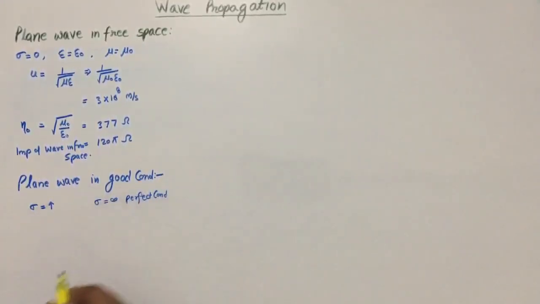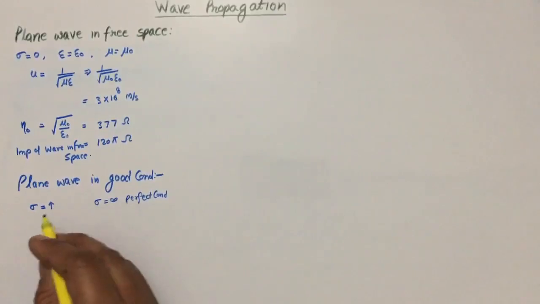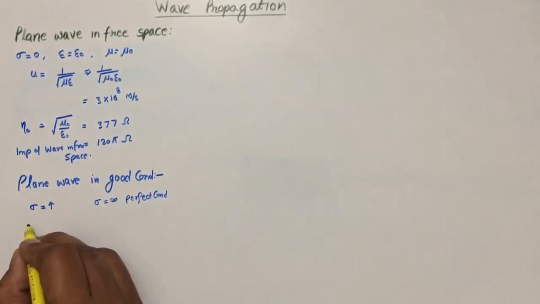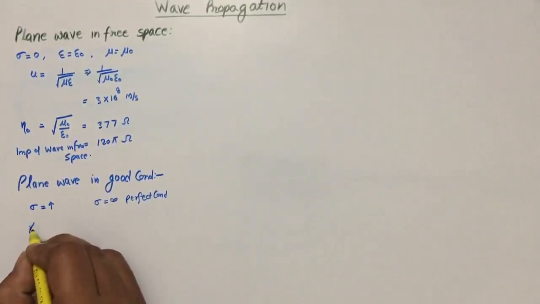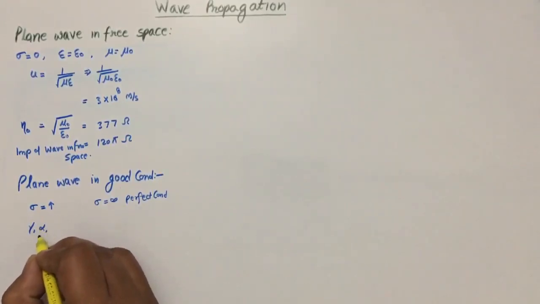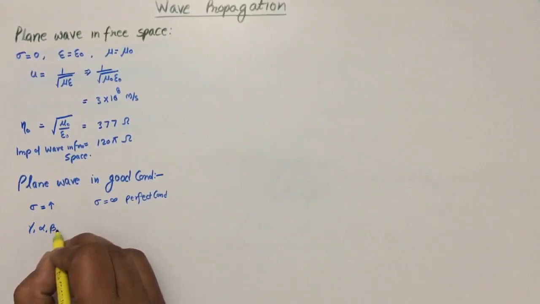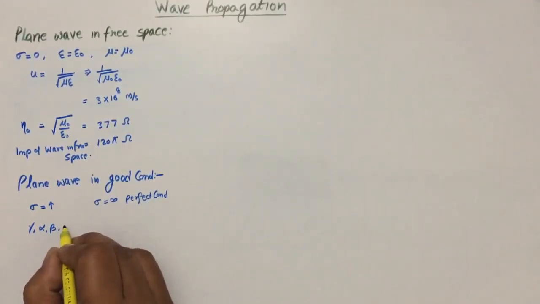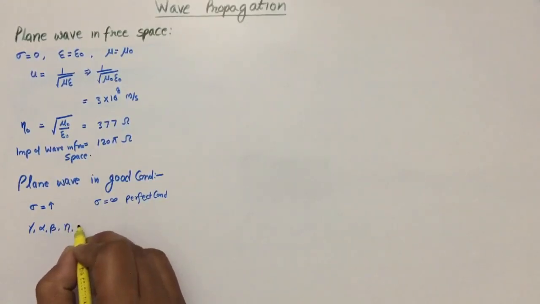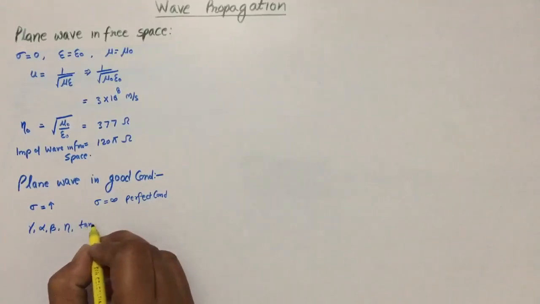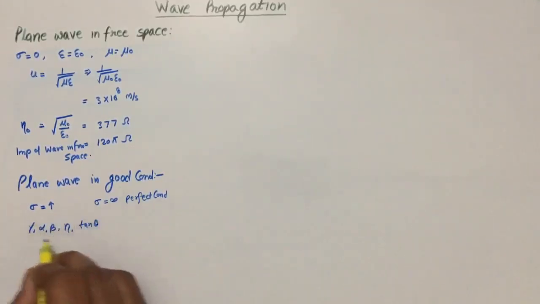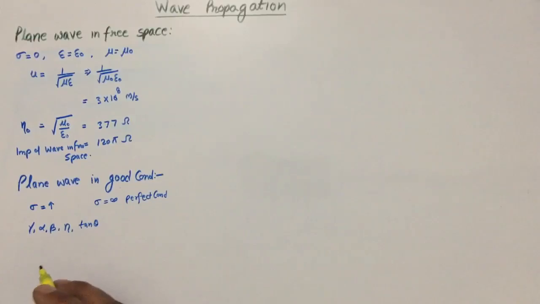We have these two pieces of knowledge, and with this we wish to find the propagation constant, attenuation constant, phase constant, intrinsic impedance and loss tangent. As we have done in previous cases, we will try to find them here as well. So let us start from gamma.